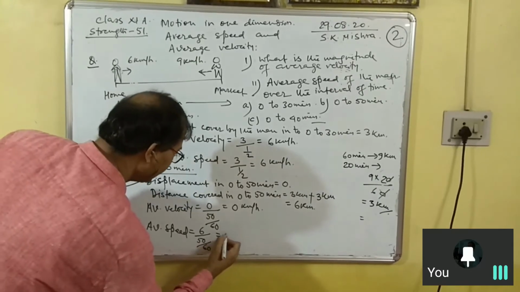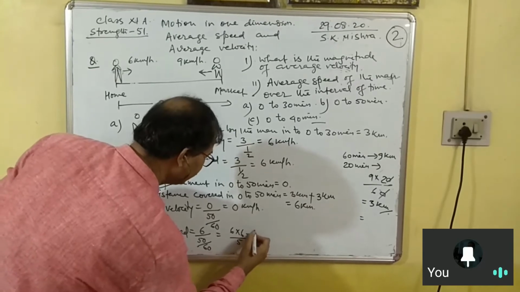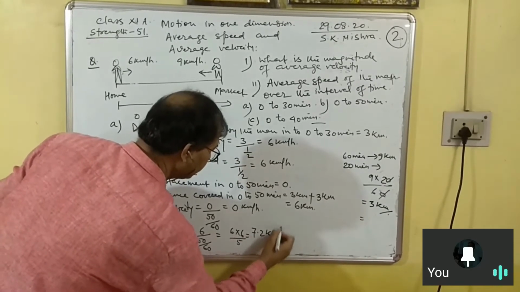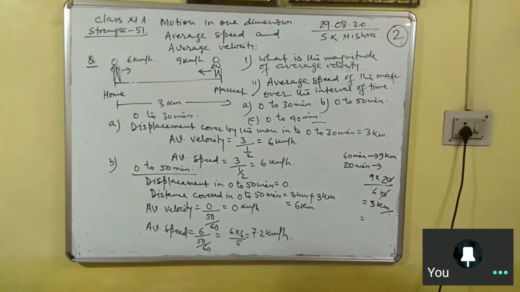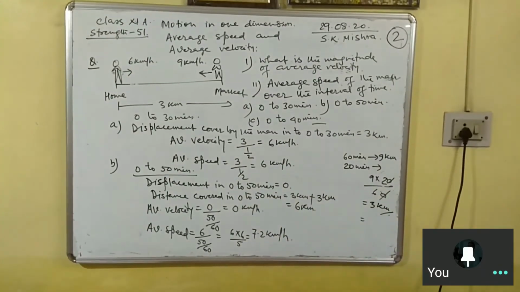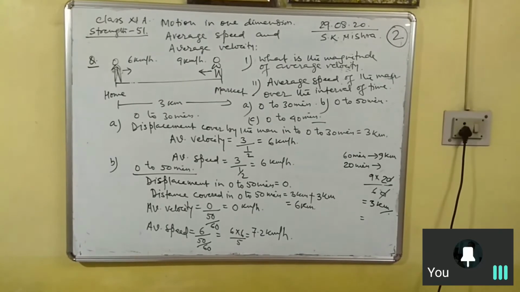So should I write 6 into 6 by 5? So 36 by 5 is how much? 7.2 kilometer per hour. So now the magnitude of average velocity is not equal to the magnitude of average speed. That is 7.2 kilometer per hour is the average speed.